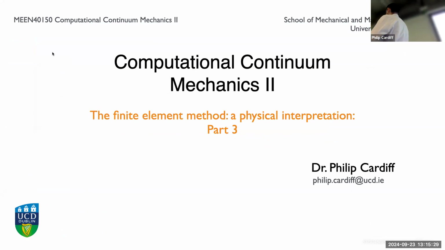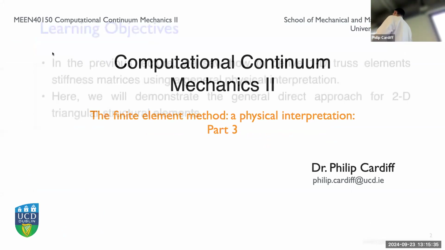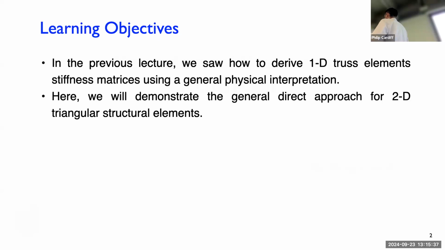Okay, now I'm going to start on the third set of this introduction to the finite element. So in the lectures last week, I talked about the finite element method, where we use a physical approach to derive out the stiffness matrix, or the governing equations for finite elements.